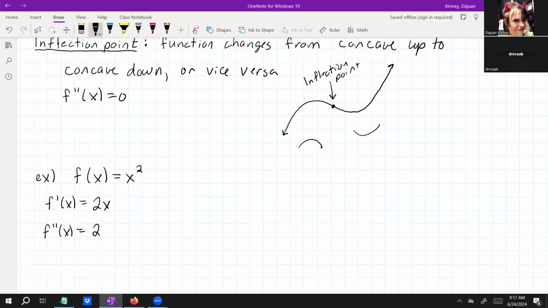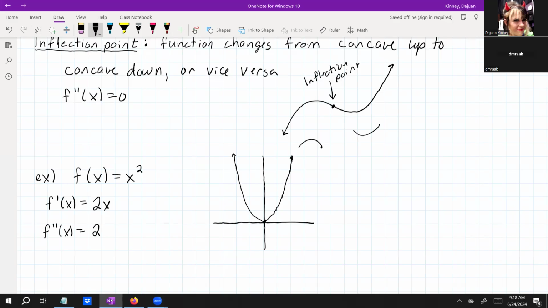So it tells me I'm always concave up, and it tells me I have no inflection point. I can't change directions anywhere. And if you think about what our base parabola looks like, yeah, that makes sense. We are constantly going up.